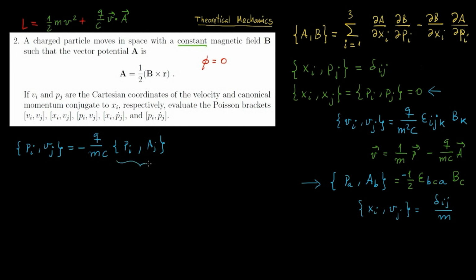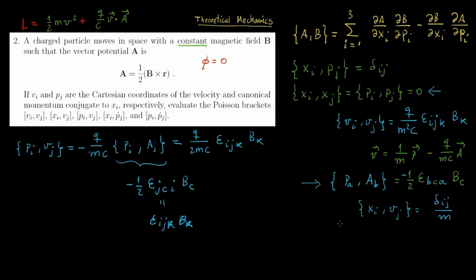So this is minus epsilon, and let's see, b is j, c, and a is i, v_c. So minus with minus plus q over 2mc epsilon, this is equal to epsilon_ijc B_c or k or whatever, ijk v_k B_k.